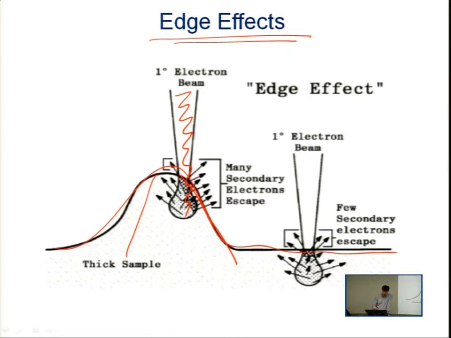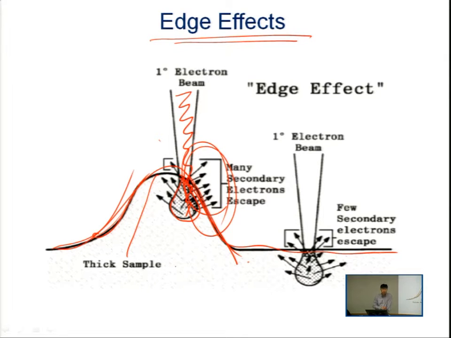That is because, considering the interaction volume, this nanowire is very extruded, so it can generate many more secondary electrons.